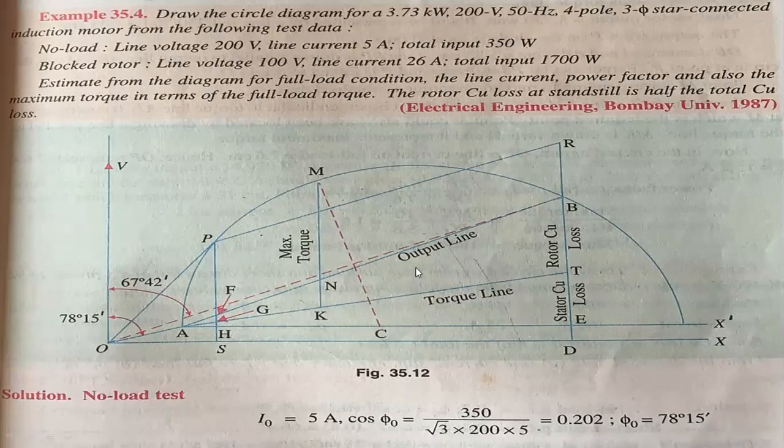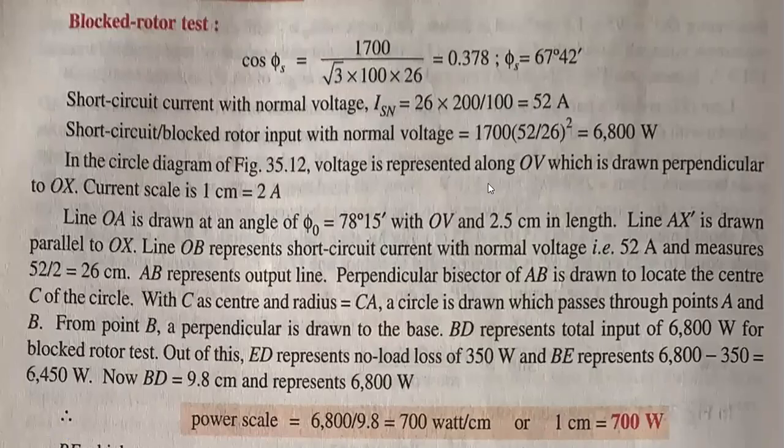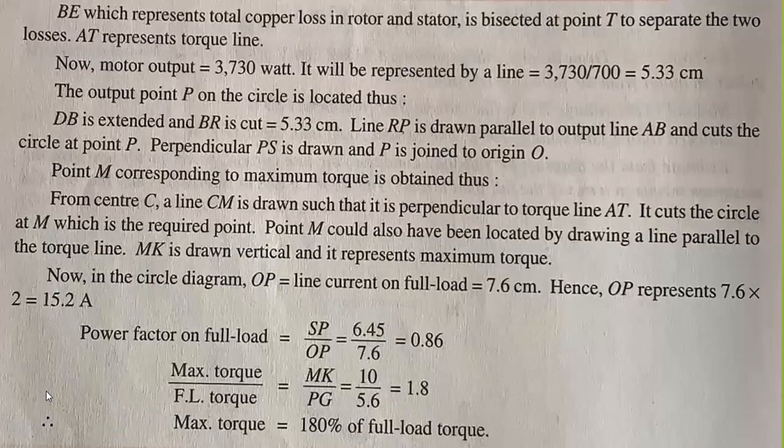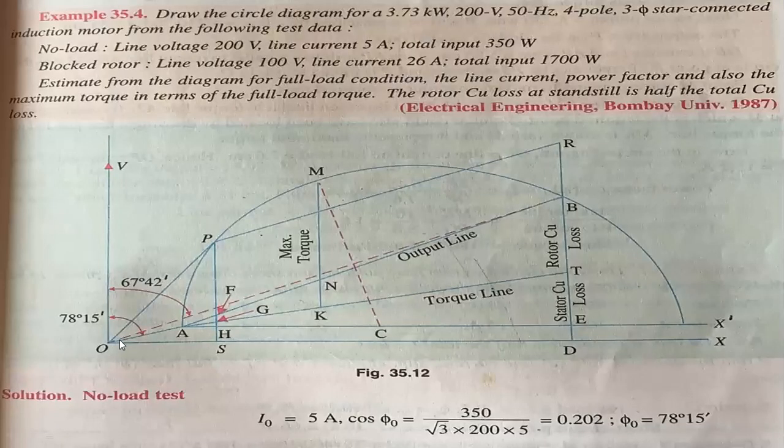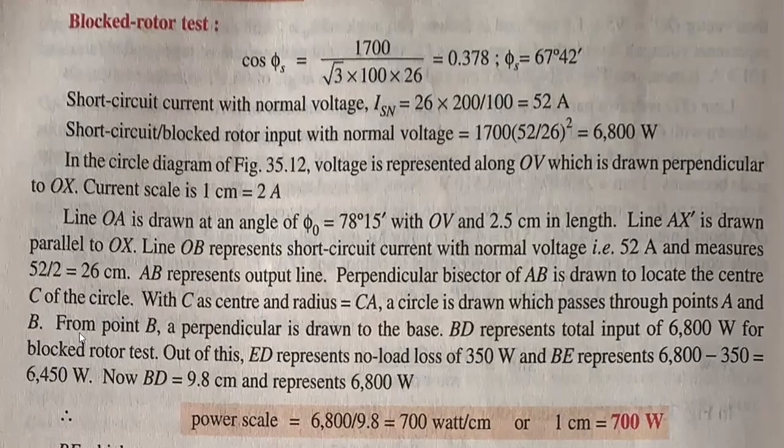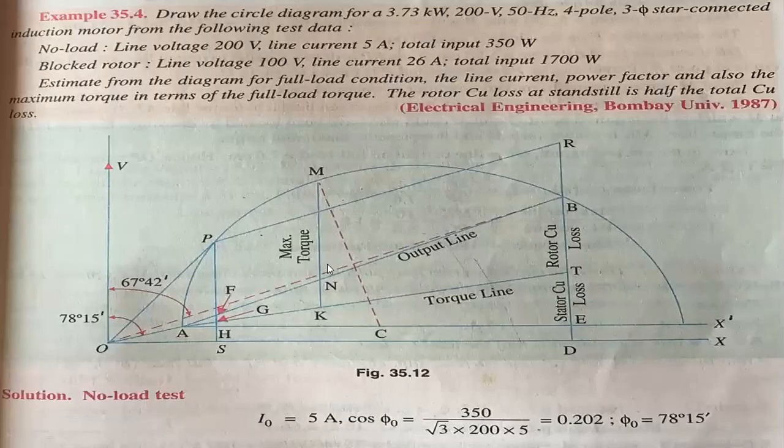From the total OB line, what should be the amperes, we have to calculate from ISN. So what is the value of current ISN? 52 amperes. So 52 amperes means how many centimeters? 26 centimeters. So the total line OB will be 26 centimeters.